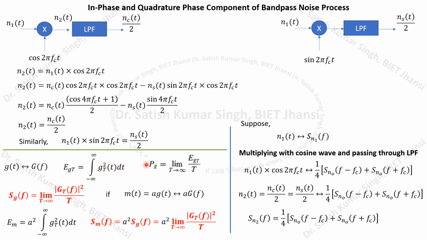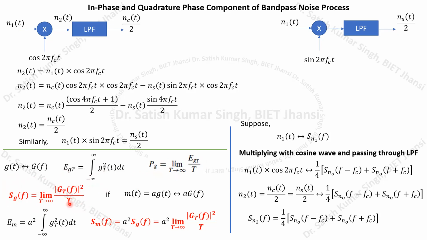Then we calculated the power of this signal g(t): we simply put the limit T tends to infinity and calculate E_gT upon T. Ultimately, as I already showed, the definition of the power spectral density S_g(f) is the limit as T tends to infinity, and we use Parseval's theorem, since E_gT can also be calculated from the mod of G_T(f) whole square. So this was the actual definition of your power spectral density.